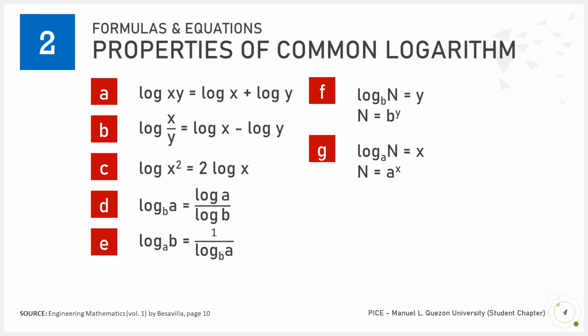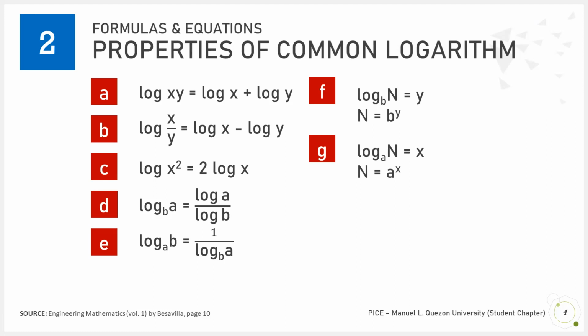Kapag naman quotient yung argument natin sa common logarithm, so we simply get the common logarithm of the numerator minus the common logarithm of the denominator. So that is how you transform the common logarithm.